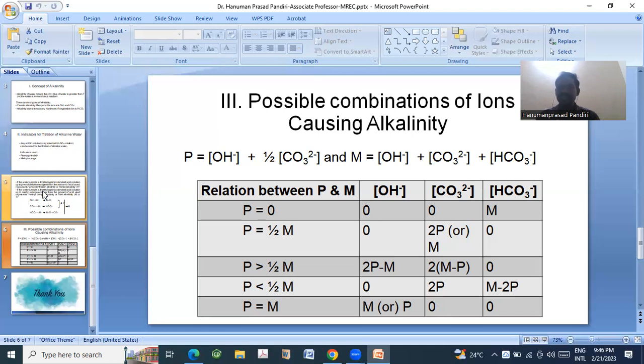And the fifth relation is P equal to M. Here the only ion responsible for alkalinity of water is OH⁻, and its concentration is either M or P.